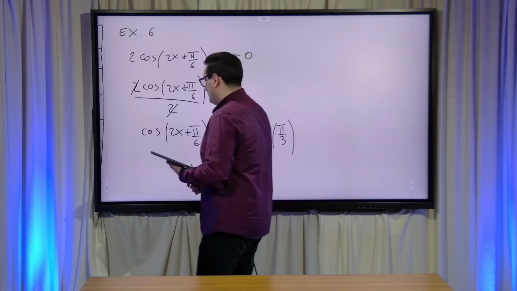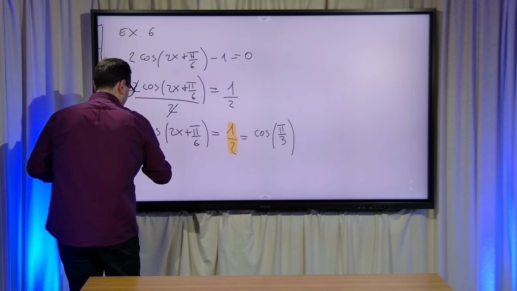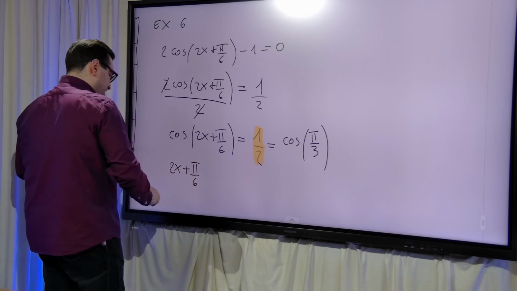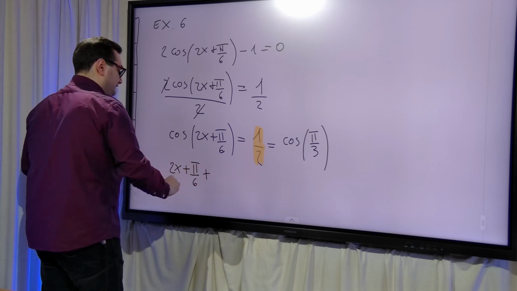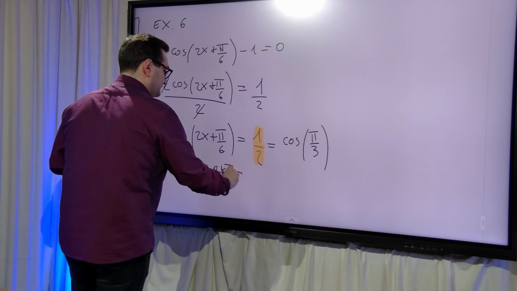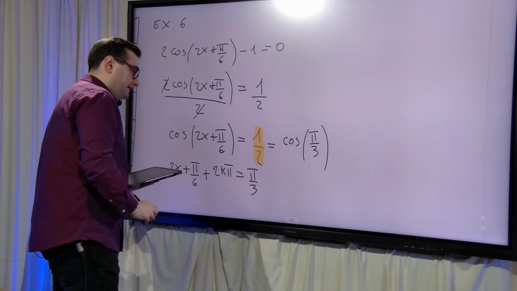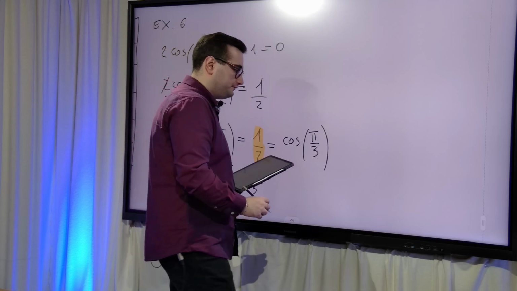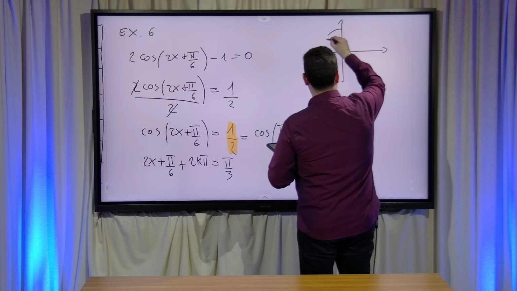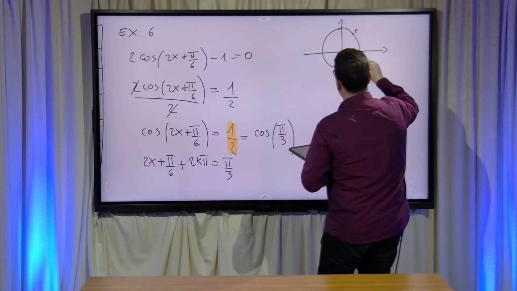As before, I can compare the arguments of the cosine, so I can write 2 times x plus pi over 6, and I add the multiplicity here, so 2k pi, is equal to pi over 3. But I have to consider also this other point.